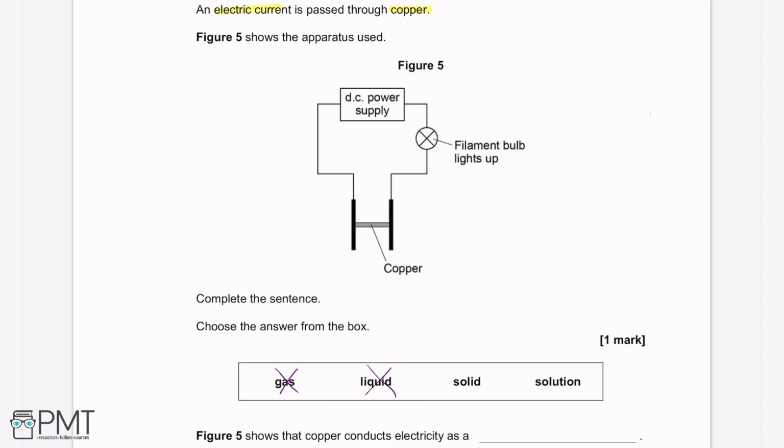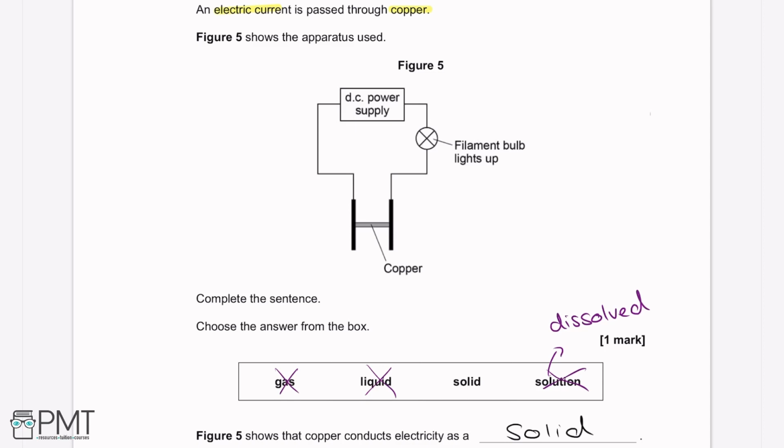The gas would just go all over, it would diffuse, and the liquid wouldn't be able to be stored as it can be seen on figure 5. Now, a solution means it is dissolved. Again, not what you can see on figure 5. So figure 5 is showing copper as a solid, and that's the correct answer for 1 mark.